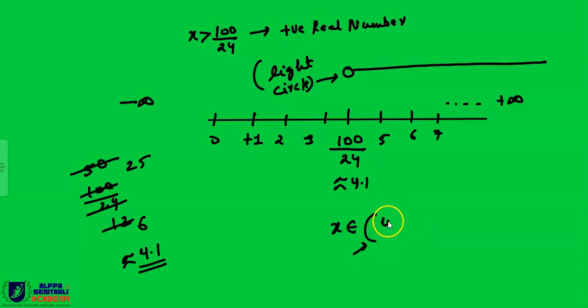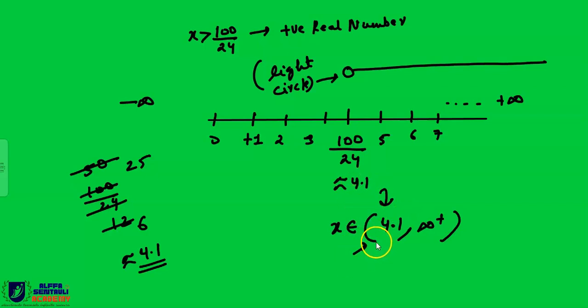So your numbers go from 4.1 up to positive infinity. This is your solution. It means you are not taking 4.1, you are not taking infinity. You are taking all the numbers lying between 4.1 and positive infinity. It means that 4.1 is excluded.